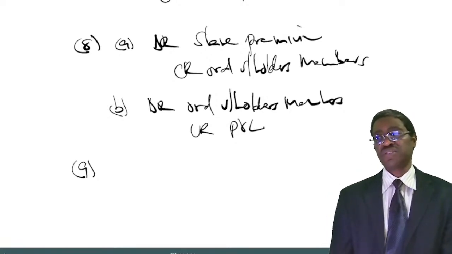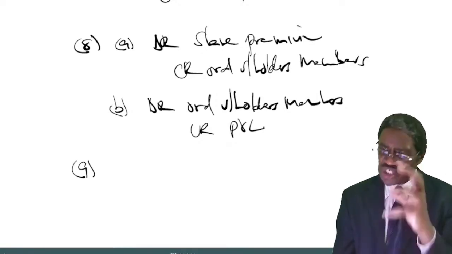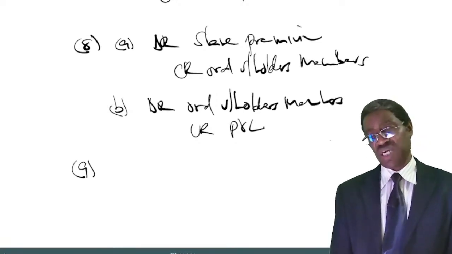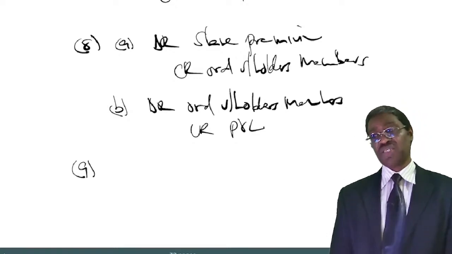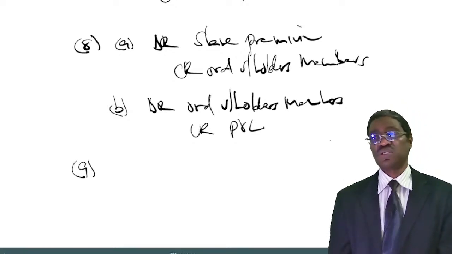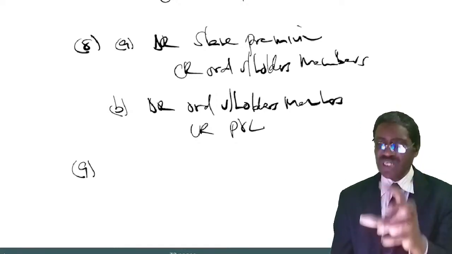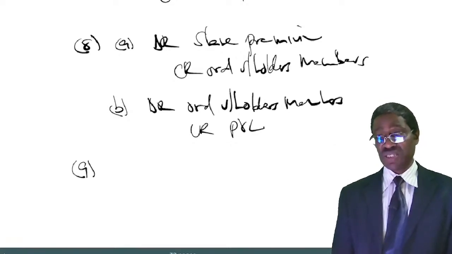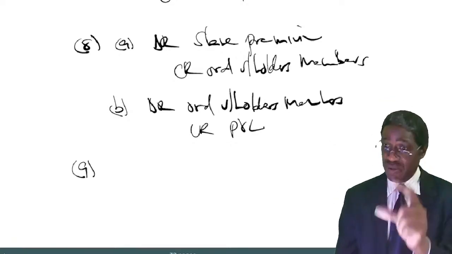Number 9, say this. Transfer fictitious assets to the ordinary shareholders members.